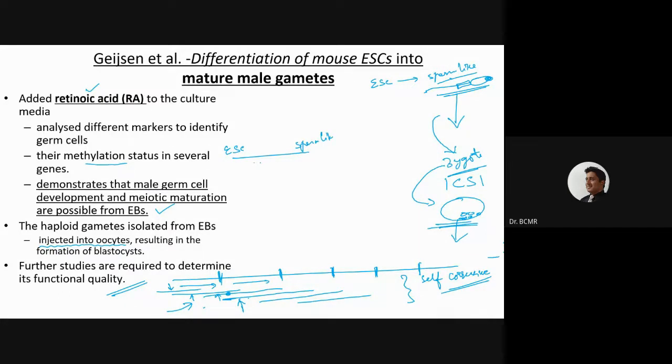And somebody now has done almost similar, with a different strategy, and has taken it to mature sperm. These people went beyond to show that it is mature by allowing the formation of at least the blastocyst stage. But whether it will give rise to a functional and normal offspring or not is a difficult question to answer at this stage.